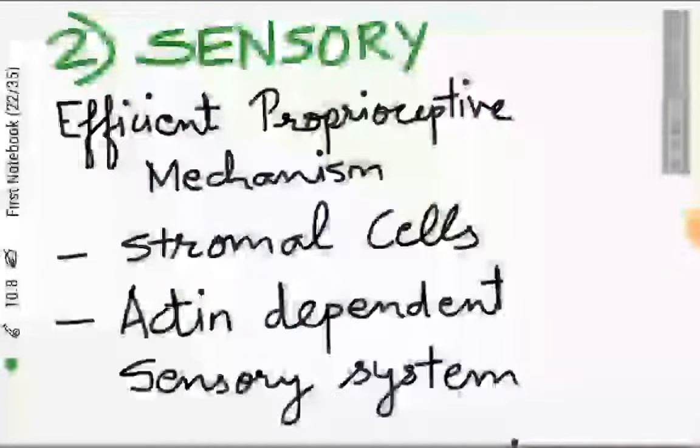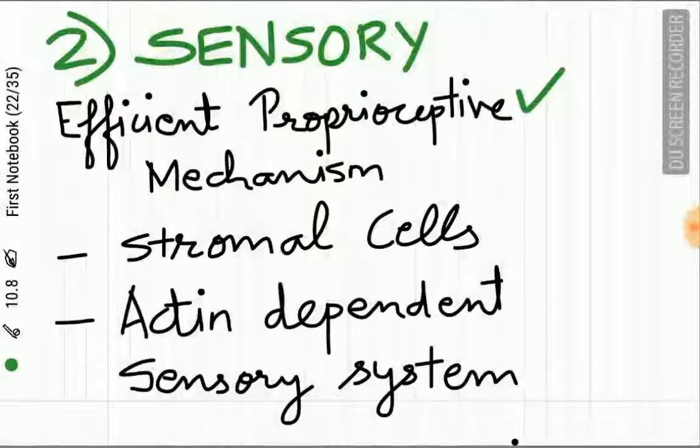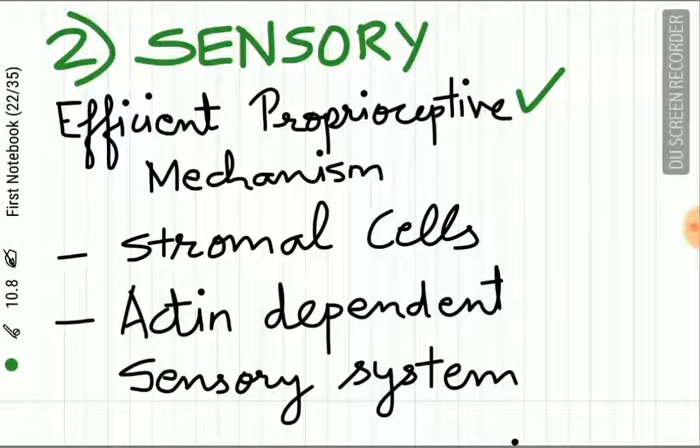Now, the next function is the sensory function. The periodontal ligament has an efficient proprioceptive mechanism. You immediately notice a stone in your rice while eating in your hostel mess. Every time you notice a stone or abnormal particle in your food, you should be thankful to the periodontal ligament in your teeth.